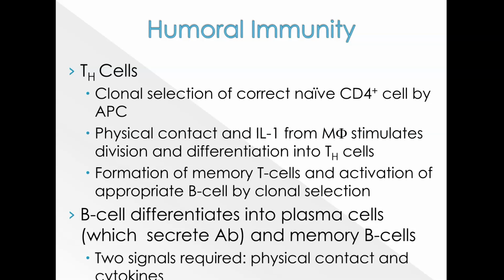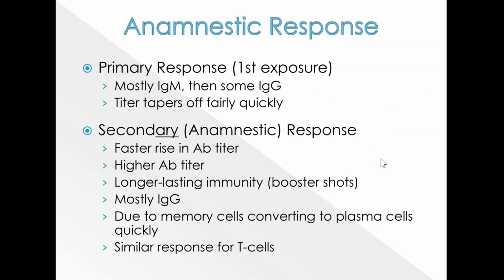So most of those helper T cells are going to go on to exert their function in basically amplifying the immune response, but some of them are going to turn into memory T cells as well. Okay, so the anamnestic response is a very important concept for most of you to learn because you're going into the health professions.